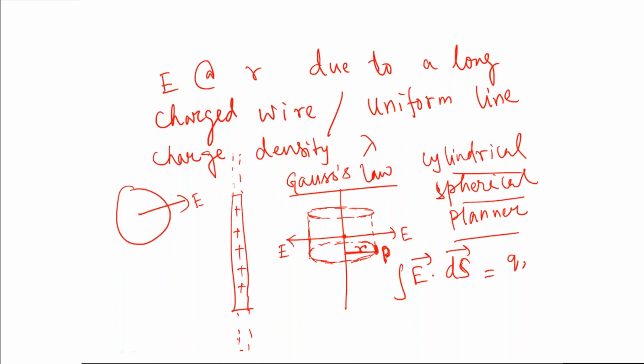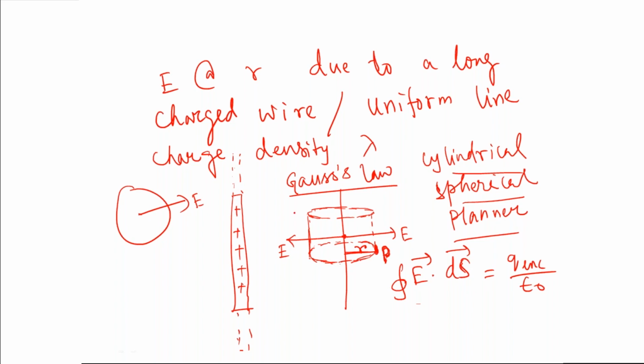I have to calculate the electric field at a distance r. So I have to draw a cylinder whose circular portion has a radius equal to that particular distance r, and suppose this has a length l.